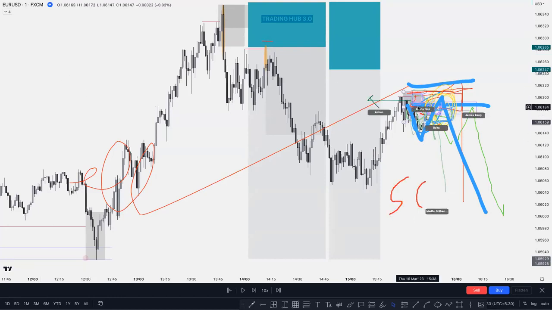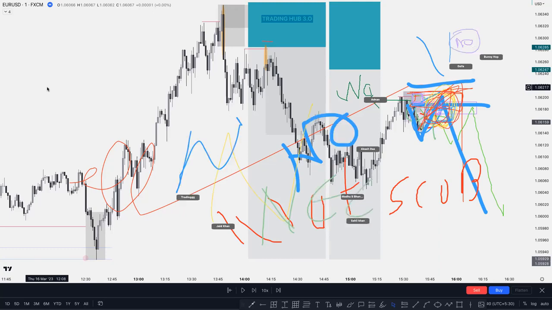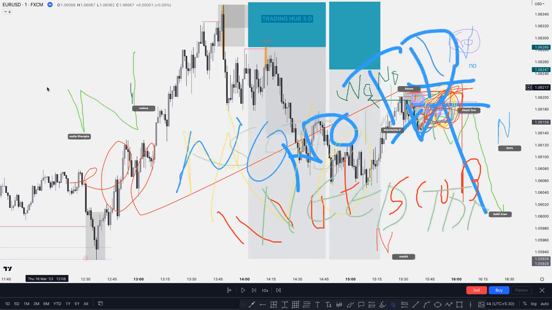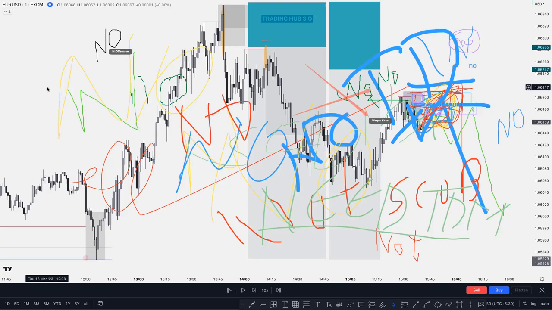Do you need inducement or not? Everyone, type yes or no. Yes, we don't need inducement. We are selling here based on the single candle order block, because the candlestick swept here, so there is no need for inducement. If structure is swept, then you need inducement. Remember this, it is important.